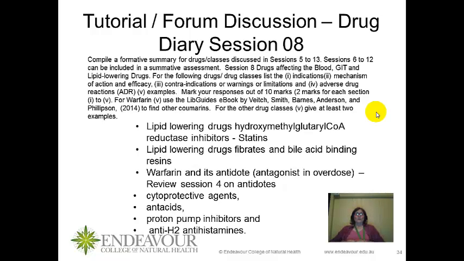We saw that there are other possibilities, bile acid binding resins that could be used in conjunction with the statins, and fibrates that would not. We saw nicotinic acid, though needed in very, very high doses, could be used as an adjunct.